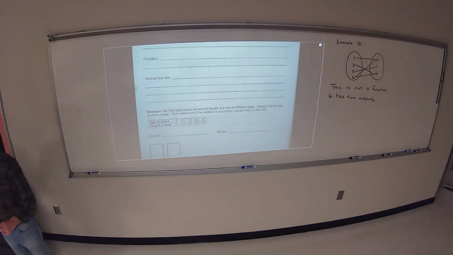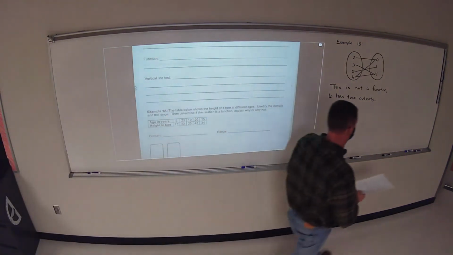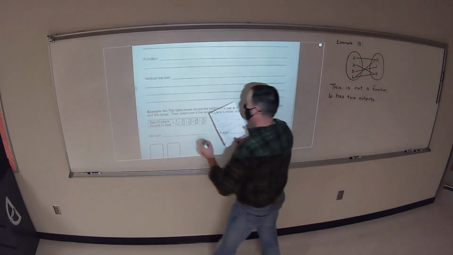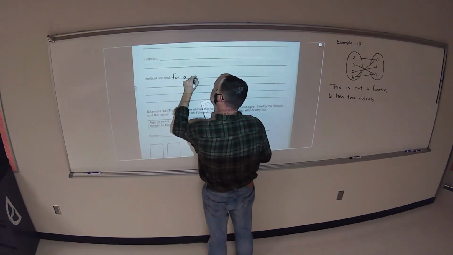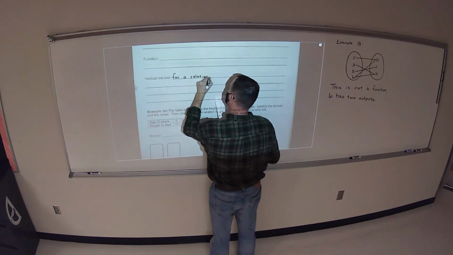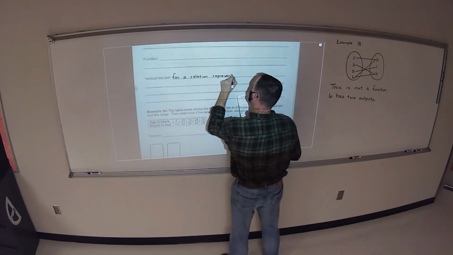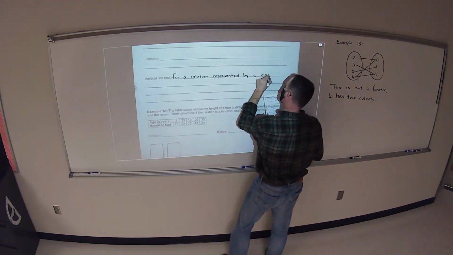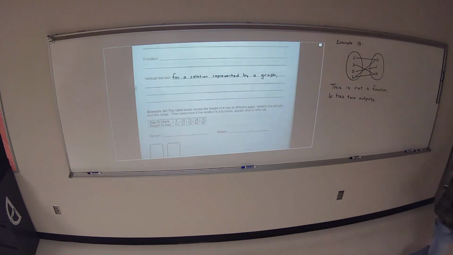It is a lengthy definition, and it is a confusing definition, I'll be honest, for most students, until you see exactly what we're trying to talk about. So here's what the vertical line test tells us. It says that for a relation represented by a graph, okay, that's where we're going to begin.